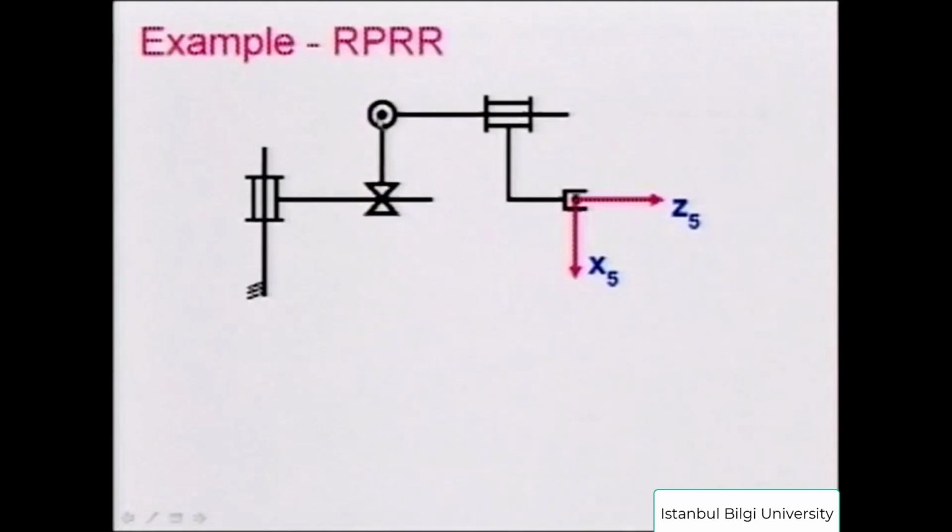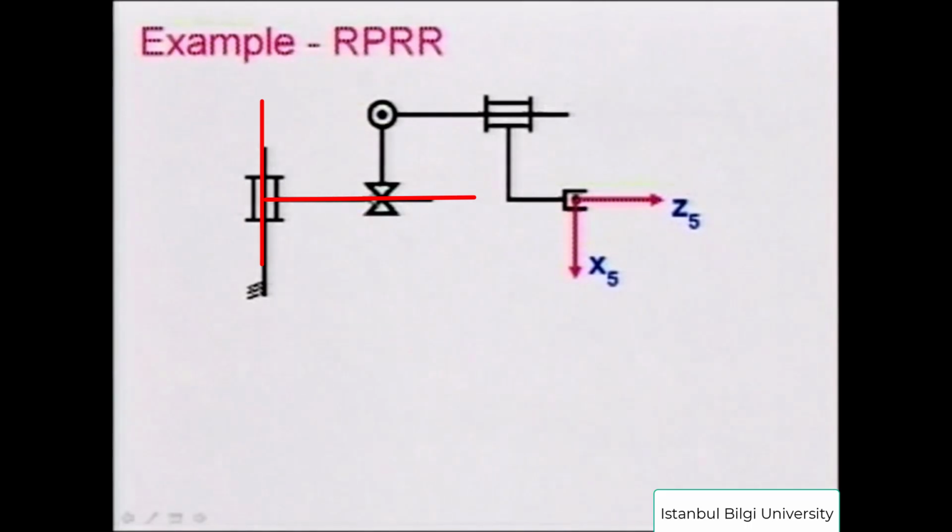Now, what we need to do is the frame assignment. We are going to start by assigning origins and z-axes. So you see the first joint axis, and the second one. What particularity about those axes do we have? Intersecting.